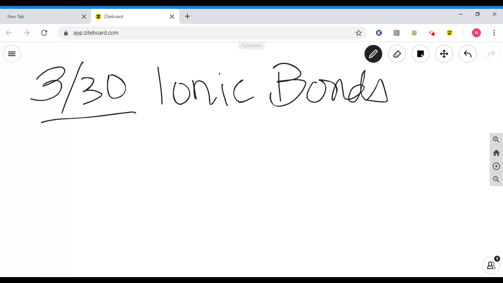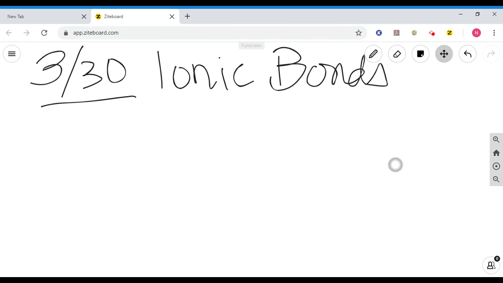But for those of you that don't have that available or you're not quite sure where it is, we're just going to write down the group numbers and the number of valence electrons they have and their charge.